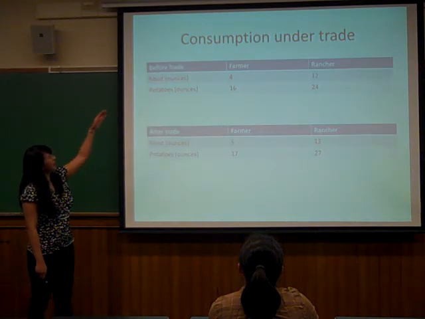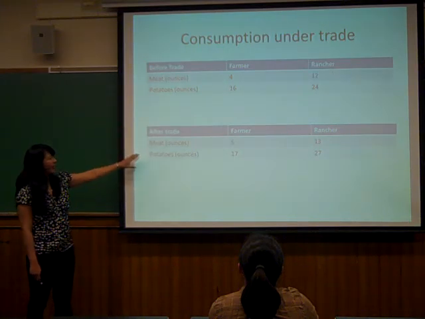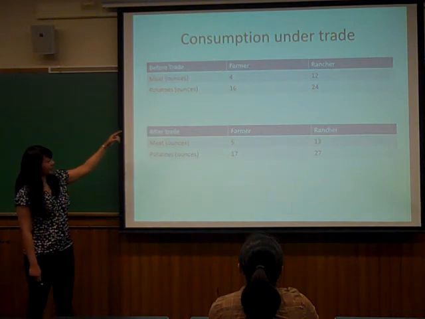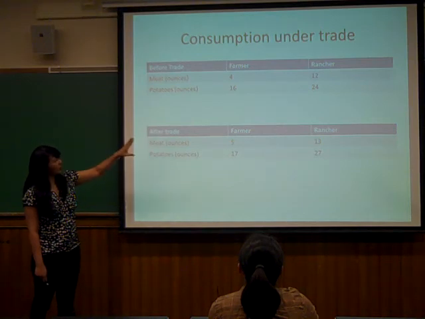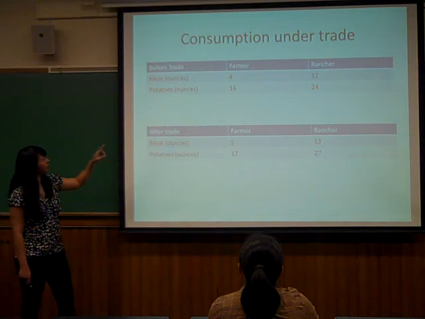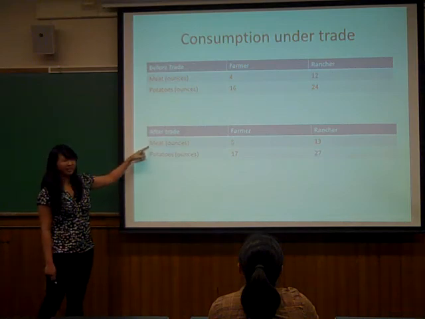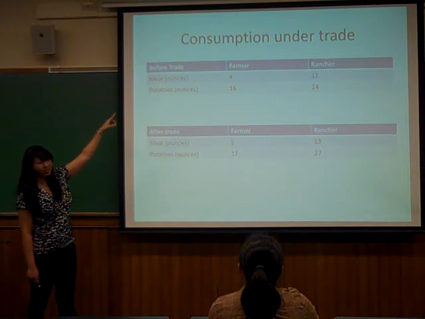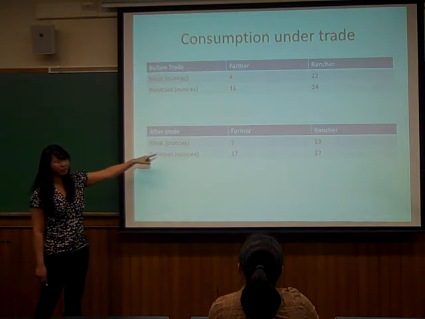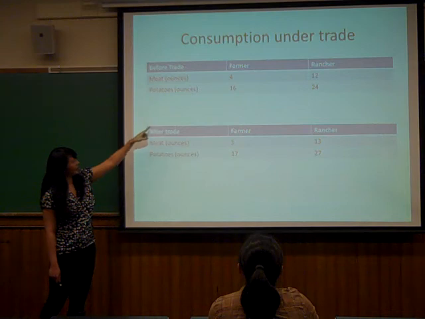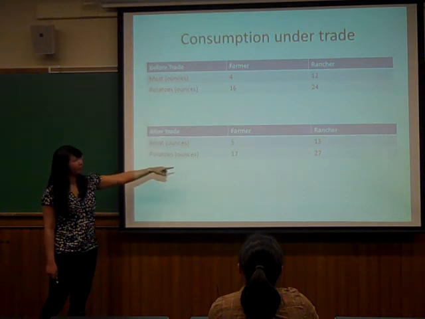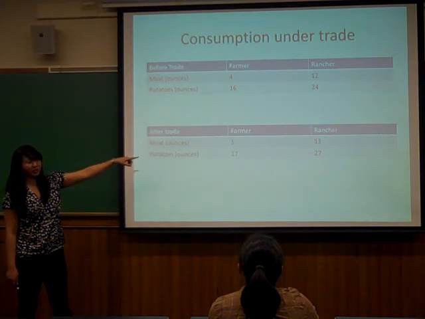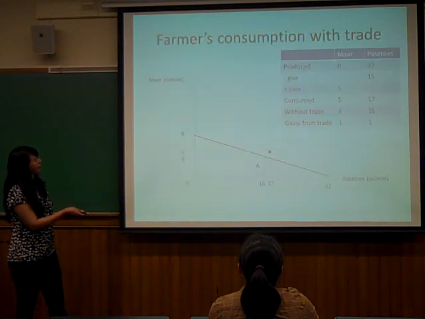Now we can compare the consumption before trade and after trade. And you can see that after trade, both the farmer and rancher have more consumption of meat and potatoes. Previously it was 4 ounces, now it's 5 for the farmer. Previously it was 16 for potatoes, and now it's 17 for the farmer. And likewise, the rancher also has increased consumption.